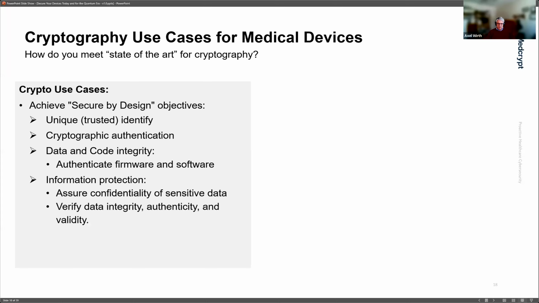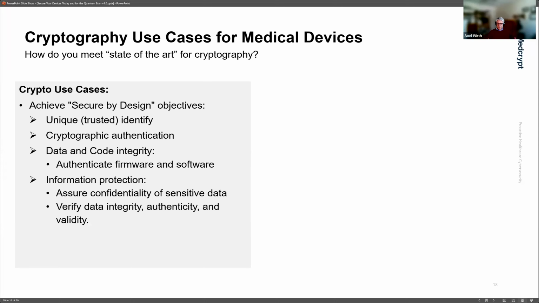So to start summarizing this section here, achieving secure by design objectives through, for example, providing your device with a unique and trusted identity, that is a cryptographically strong identity of your device, so that the device can identify itself against other systems it connects to, but also the device is capable of verifying the identity of other devices or of data that is coming in, including software updates.